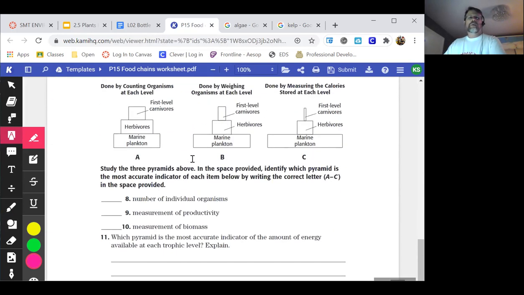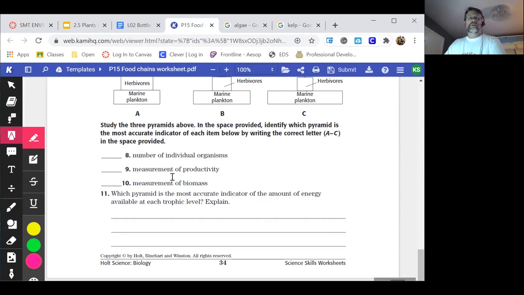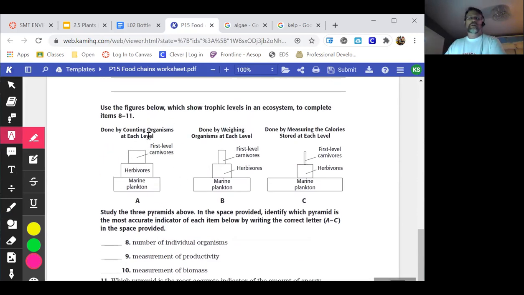Then we can look down at these. The important thing for these 4 questions is to really understand what is different between the three questions. We have counting organisms, like the number of plants versus the number of predators.